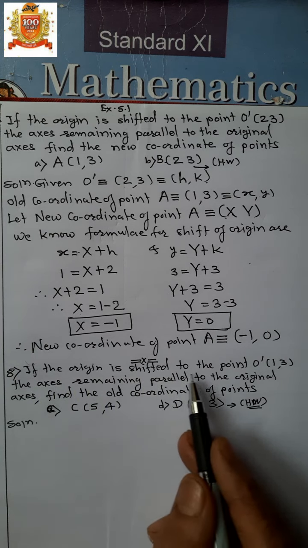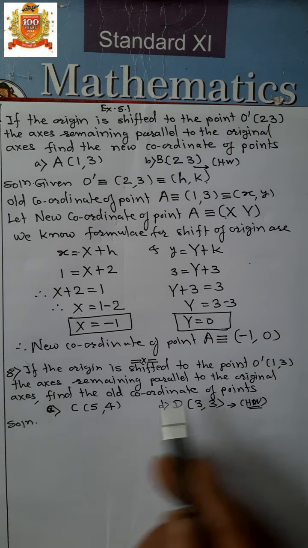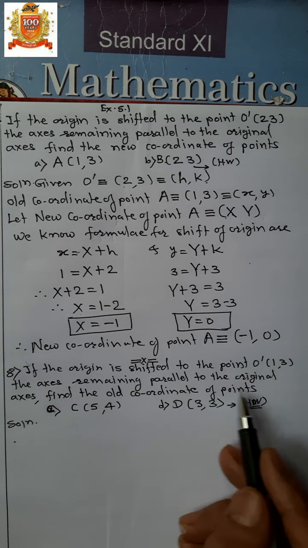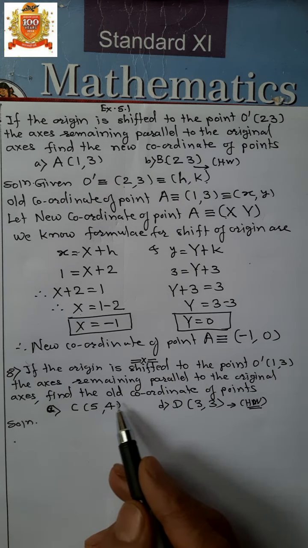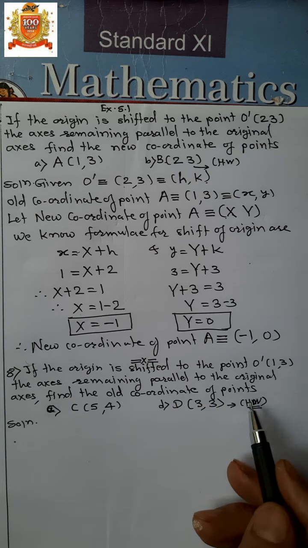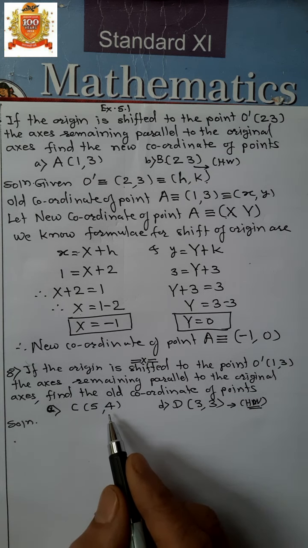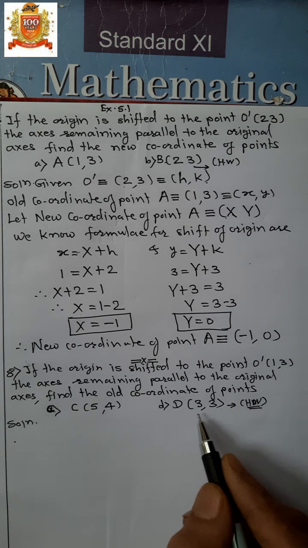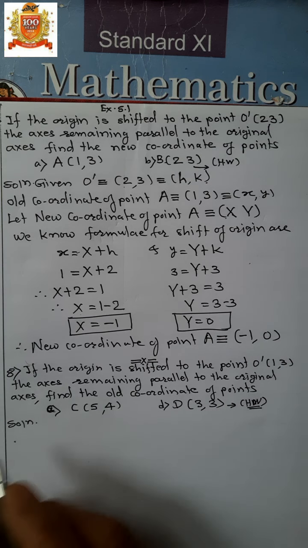If the origin is shifted to the point O dash (1, 3), the axis remaining parallel to the original axis, find the old coordinates of points C(5, 4) and D(3, 3).